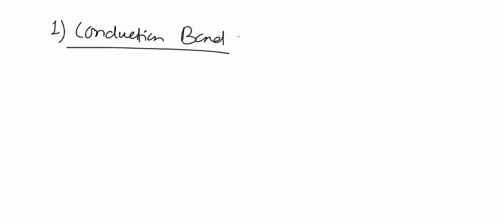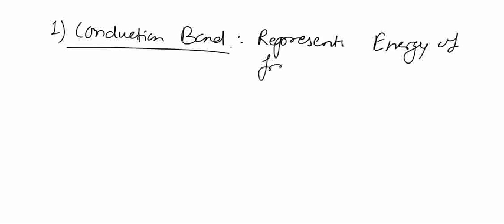So there are three energy bands. First, conduction band. This conduction band represents energy of free electrons. Free electrons means the type of electrons which can move when supply is given to the material. Number 2, valence band.